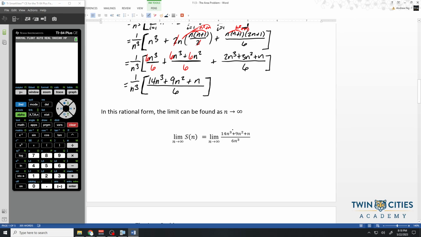The leading power on top is n to the third, and the leading power on the bottom is n to the third. If that's the case, then I look to the ratio of the coefficients. I've got 14 here over 6. So that means the limit as n approaches infinity of s of n is equal to 14 over 6, which I can reduce to 7 over 3. That's the answer I'm looking for.